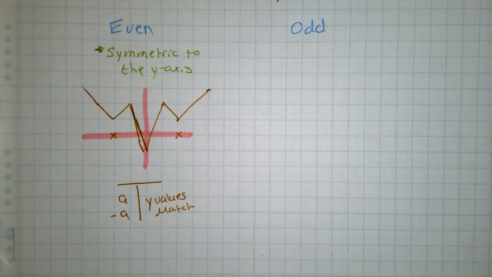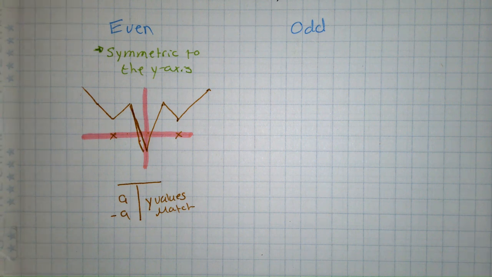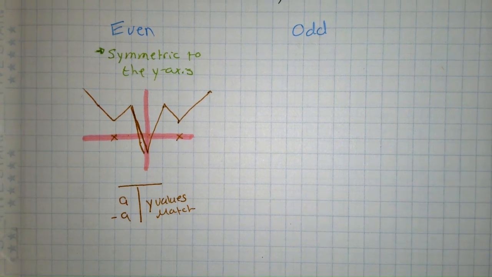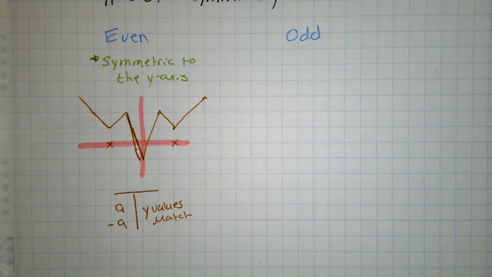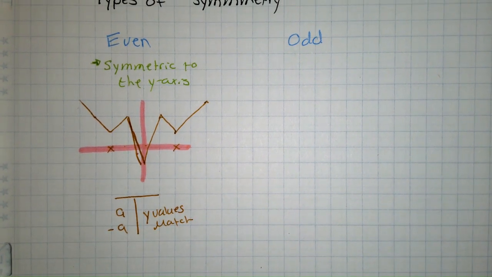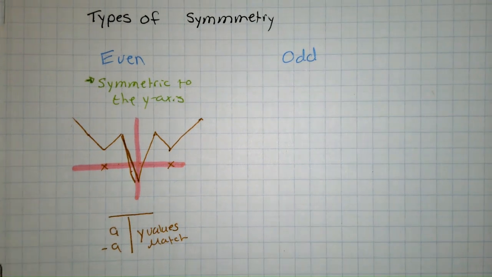Substitute an a value, substitute a negative a value. If you're getting the same answer for both numbers, then it's an even function. Technically, you should substitute a variable. That way you can see that it's actually even for all and not just some of them. But I find it easier to look at it graphically or just test one or two if you're not comfortable using variables to test.